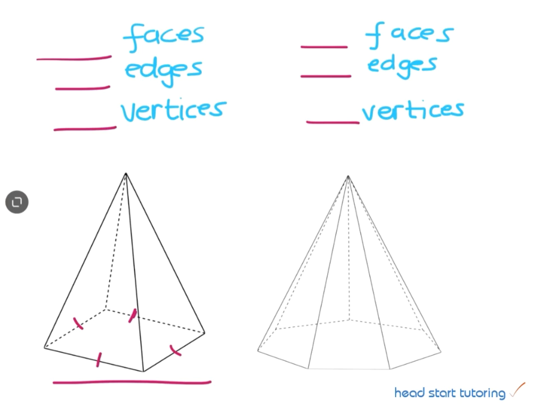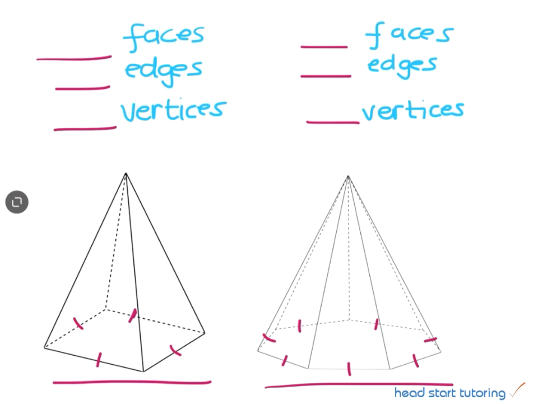Right, so this pyramid over here is a heptagonal pyramid, and that is because our base has 1, 2, 3, 4, 5, 6, 7 sides. So our base is a heptagon in shape, so we call this pyramid a heptagonal pyramid.